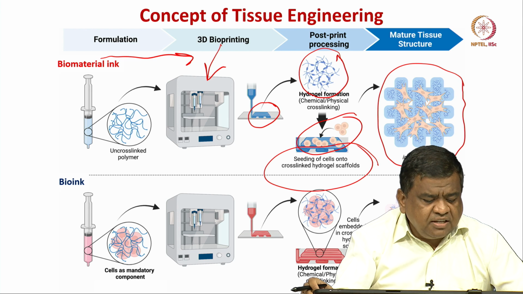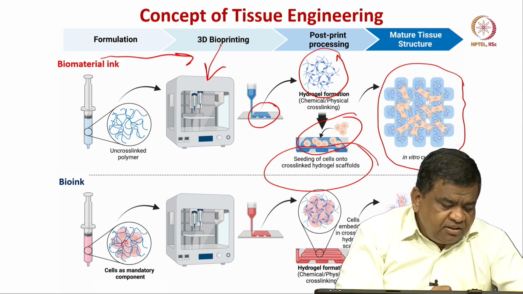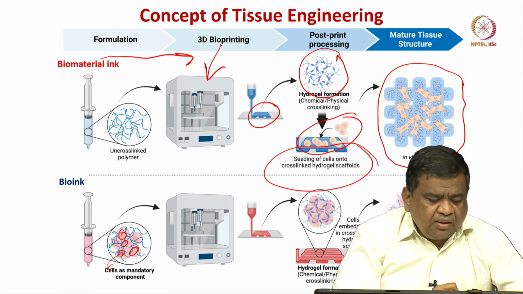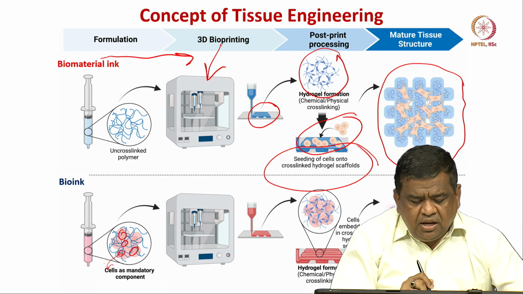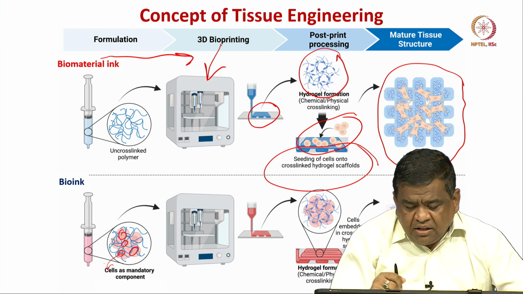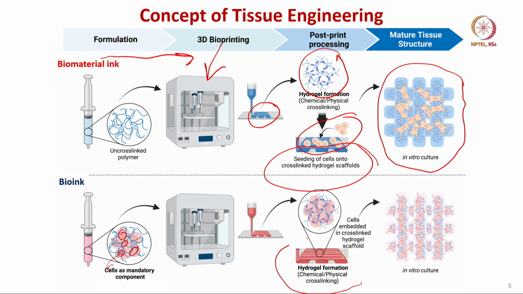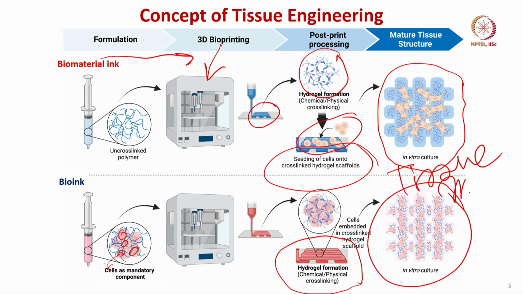The other approach, as I said, is where the hydrogel contains cells. You do 3D bioprinting with this cell-embedded hydrogel, then you can do chemical cross linking or physical cross linking, and then you do tissue maturation. So, this part is also called tissue maturation.